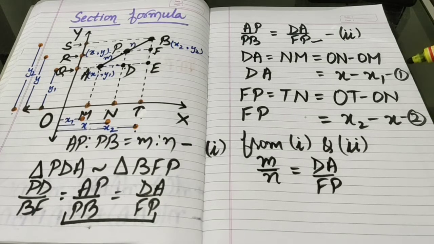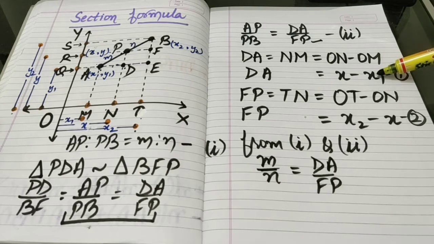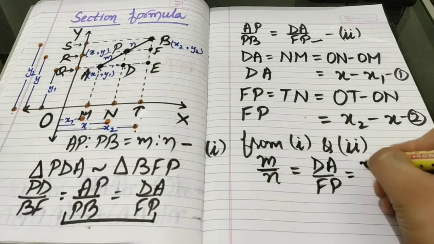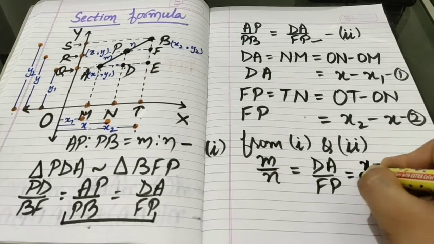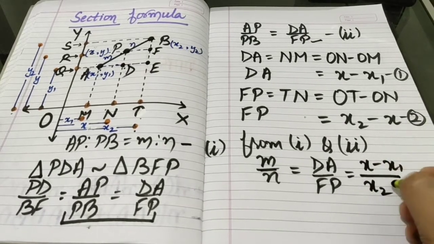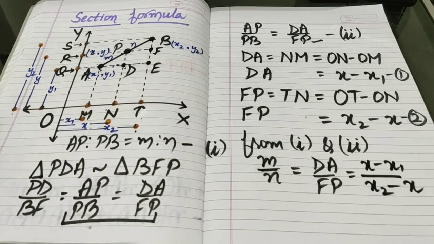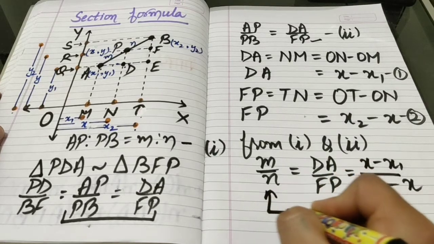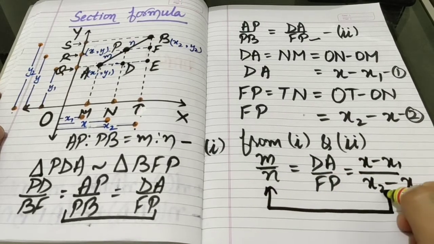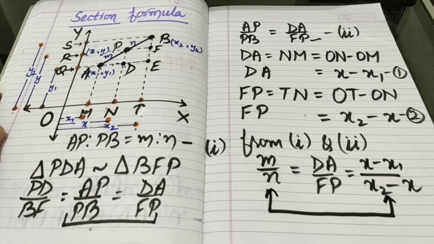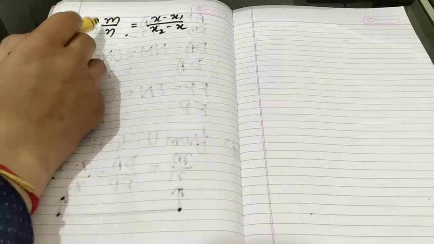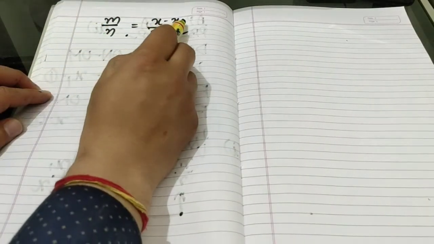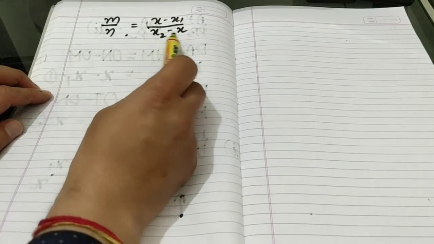Now from 1 and 2, we substitute the value of DA and that of FP, so it becomes x minus x1 divided by x2 minus x. Now if we equate these two, we get m upon n equals x minus x1 divided by x2 minus x.